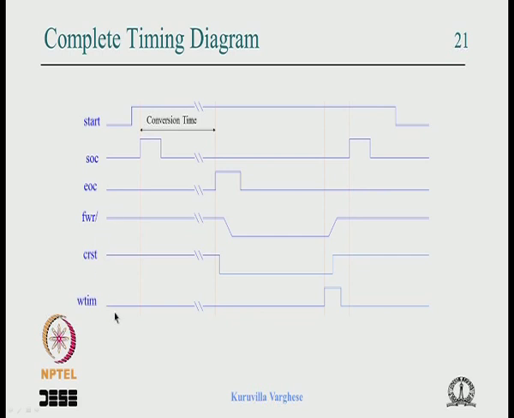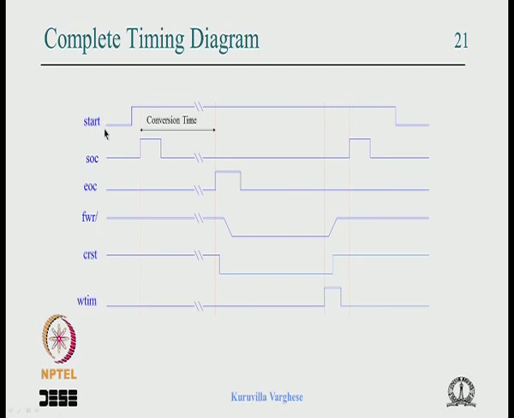The start, end of conversion and write time signals are inputs to the state machine, which is what is looked at for transitions, and SOC, FIFO write and counter reset are the outputs. Maybe I could have used a different color, but anyway you understand that. So we are in the starting state with SOC, FIFO write and counter reset inactive, and in the start state we are waiting for the start signal.